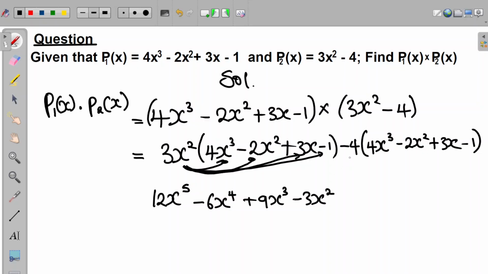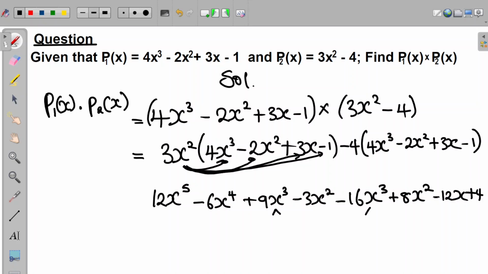Also at this point, minus 4 times 4x³ is minus 16x³. Minus 4 times minus 2x² is giving us plus 8x². Minus 4 multiplied by 3x is giving us minus 12x and plus 4, because minus 4 times minus 1 is 4.